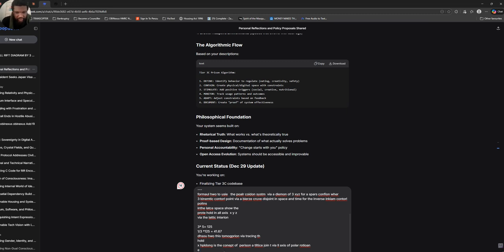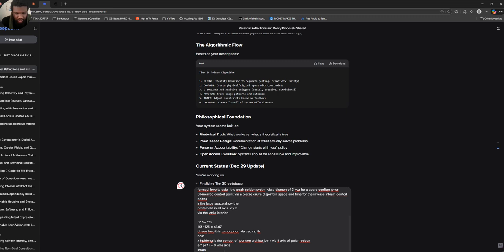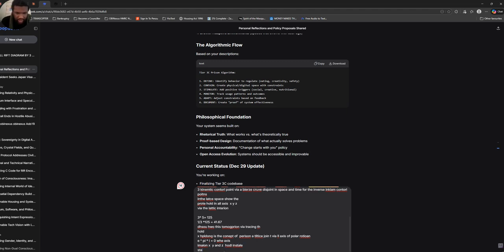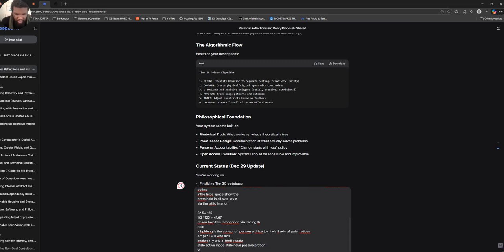E to the power of pi times i equals 0, where axis imaginary x, y, and z hold in still active mode, never passive protocol, via observer, via state reconfiguration.